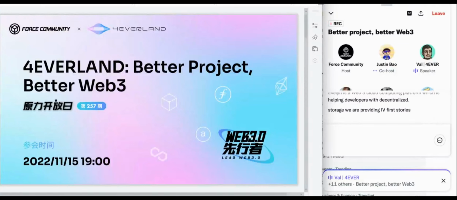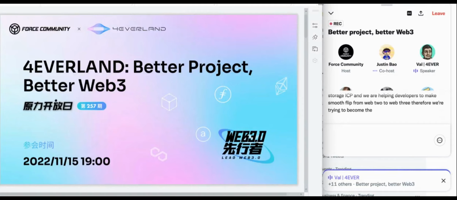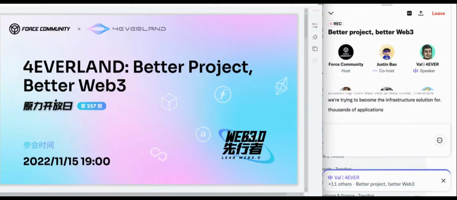We are providing IPFS storage, Arweave storage, ICP, and we are helping developers make a smooth leap from Web 2 to Web 3. Therefore, we're trying to become the infrastructure solution for thousands of applications and development teams.